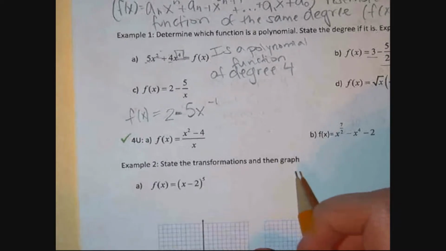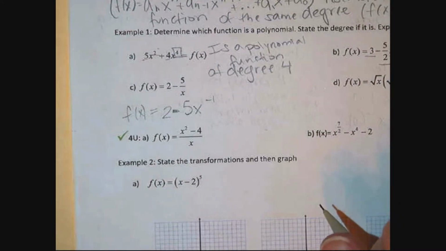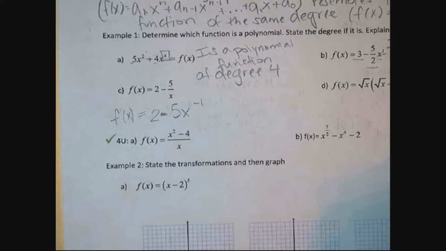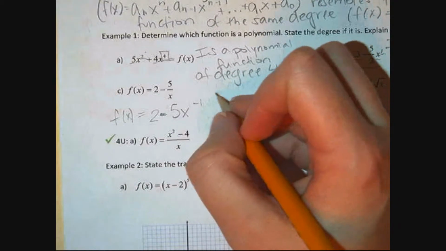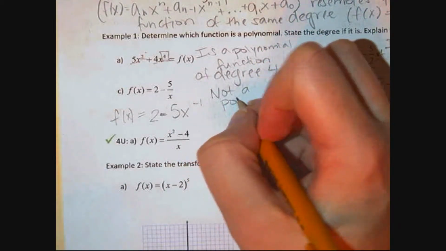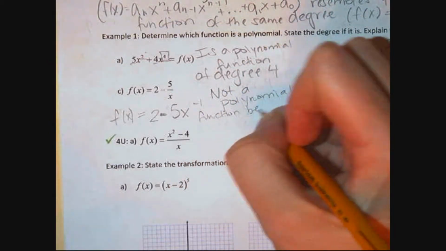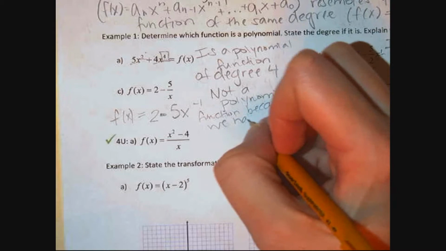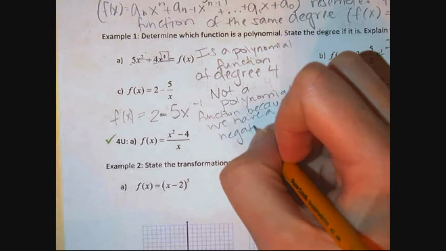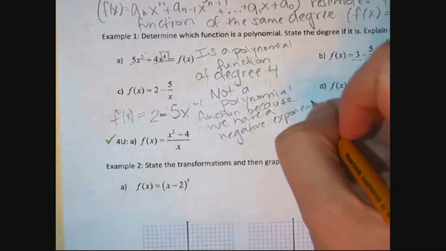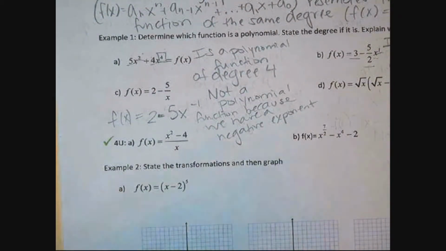Looking at this version, I can see right away that it doesn't fit my first criteria. I have a negative exponent. So we would say that this is not a polynomial function because we have a negative exponent or power for that function. So C is not a polynomial function.